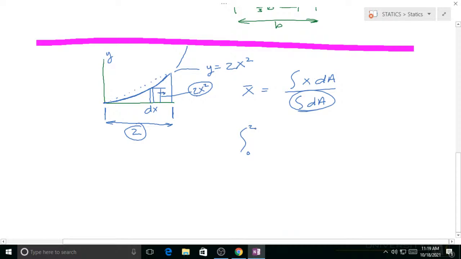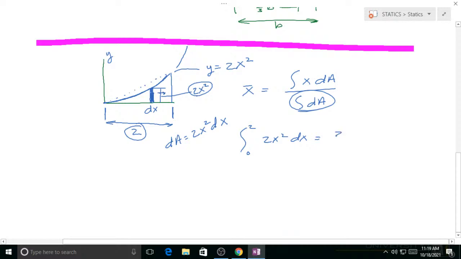So the dA is going to be 2x squared dx. That's the area of that little sliver, I guess you could call it.